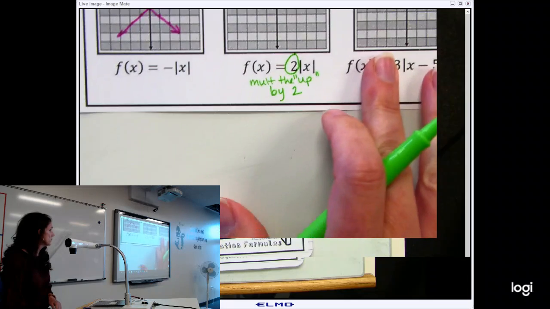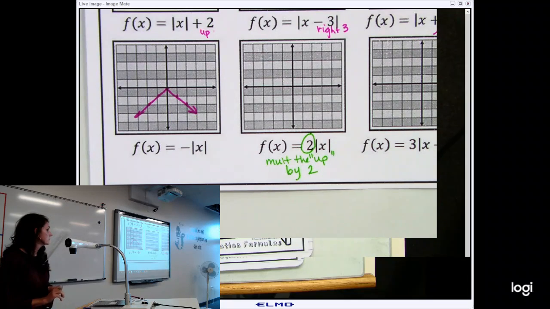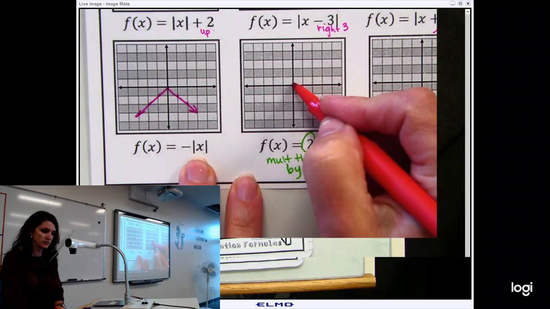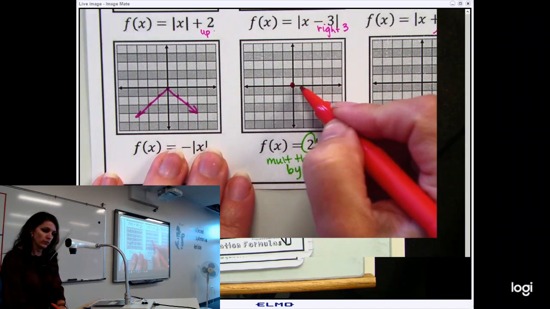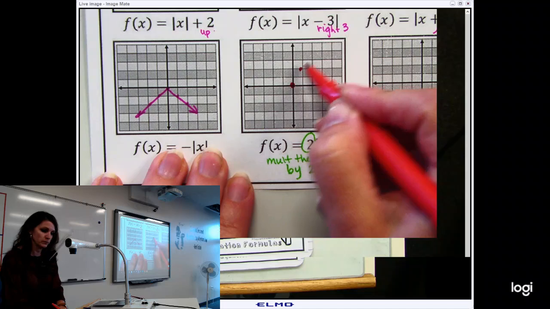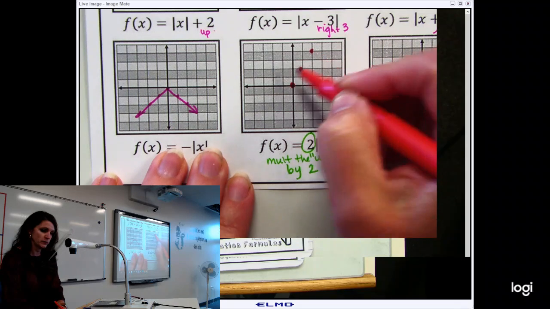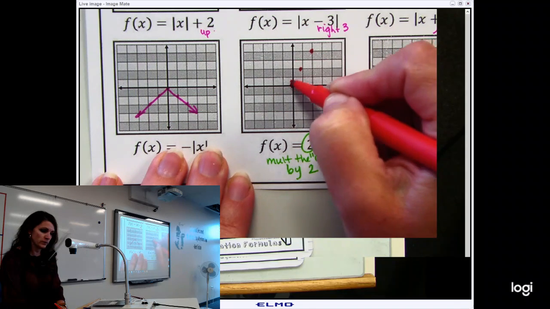Multiply the up by 2. So it hasn't moved left or right or up or down. It's going to stay right there on the origin. And it's going to go over 1, but instead of up 1, it's going to go up how many? 2. Over 1, up 2. Over 1, up 2. Balance it on the other side.